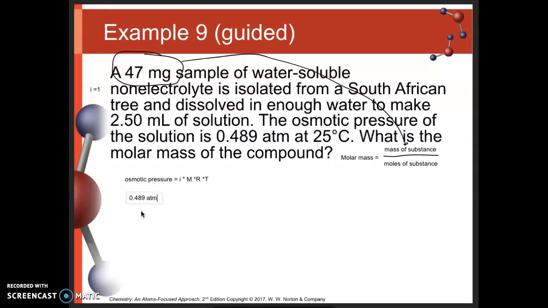0.489 atmospheres of pressure is equal to 1, the value of i, times M, which we don't know, times R. Since we are dealing with atmospheres, our R value is going to be 0.0821 liter atmospheres per mole Kelvin.